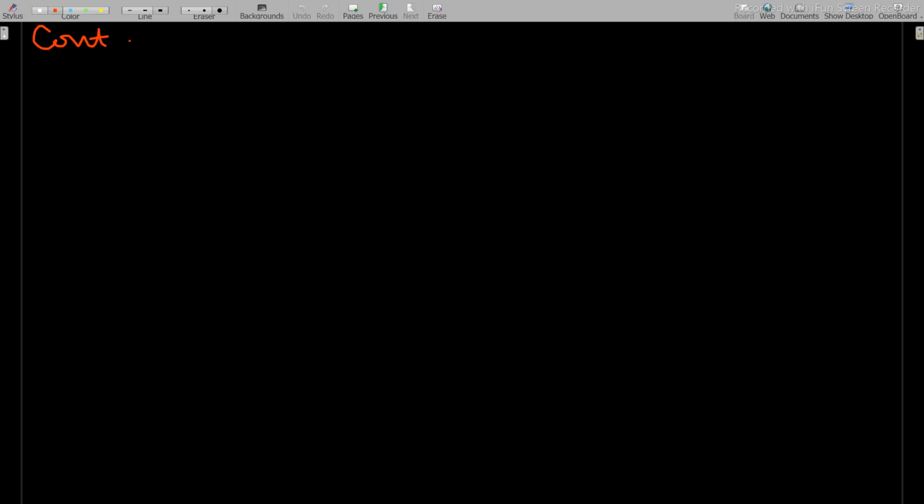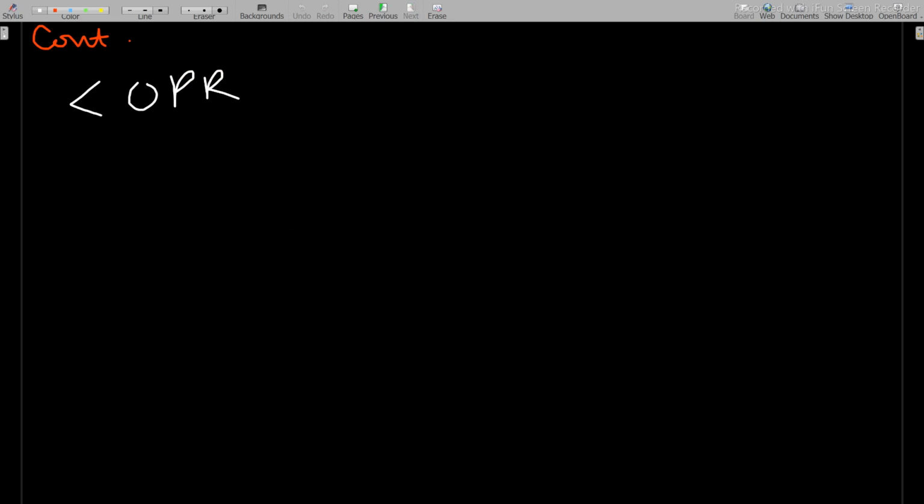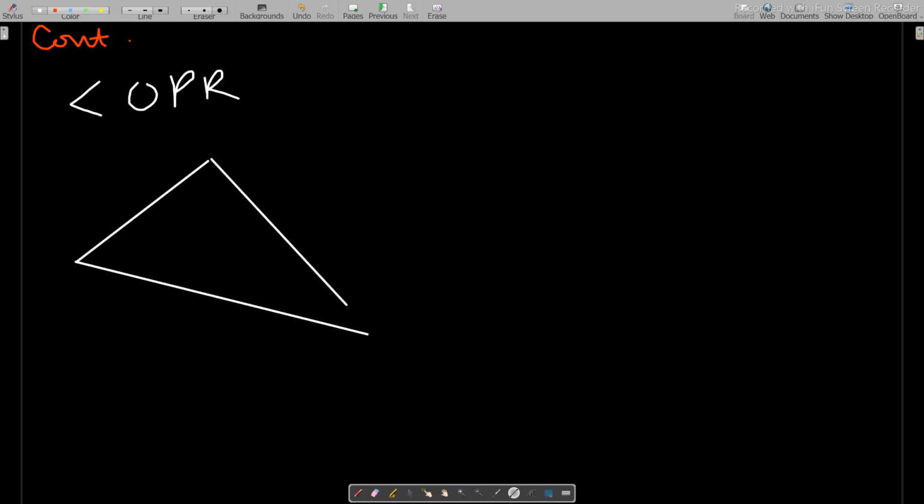Okay, so from triangle OPR, we can go back and check OPR. Let me go and draw that one for you. Okay, OPR looks like this. Let me pick my pencil and draw it. This is how OPR looks like. PR, okay? And this is small p, if you remember. And this is small r, okay?